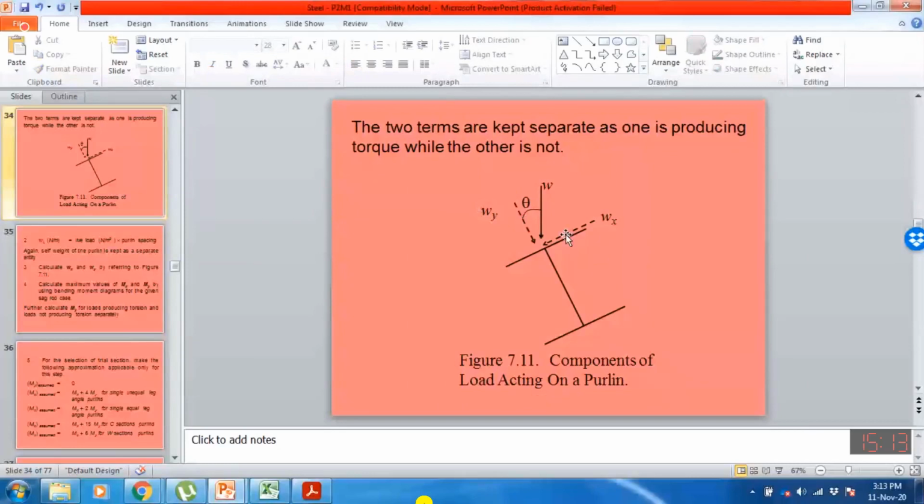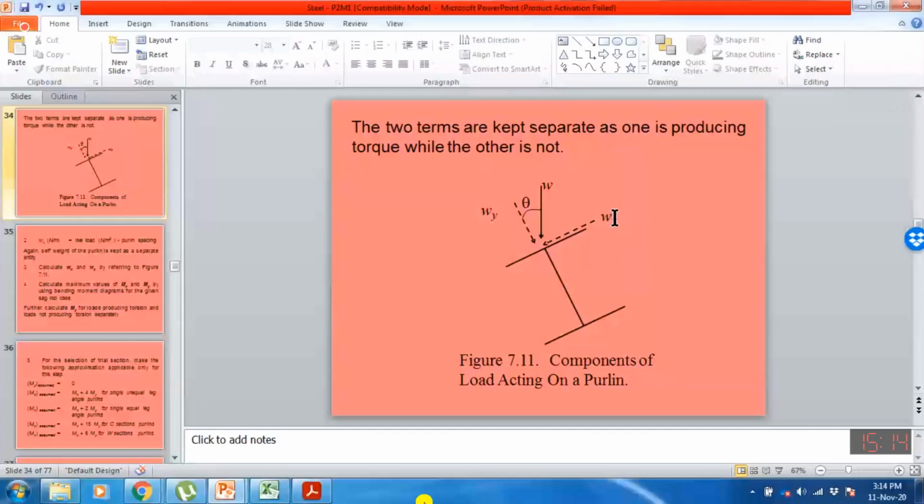So the component along the base side will be the cos function. So omega y is the vertical load acting parallel to the web, which will produce the moment about the x-axis. So omega y is equal to omega cos theta. And this component omega x will be equal to omega sine theta.